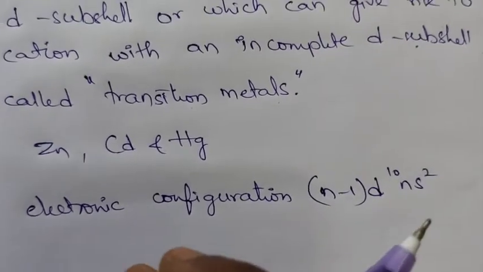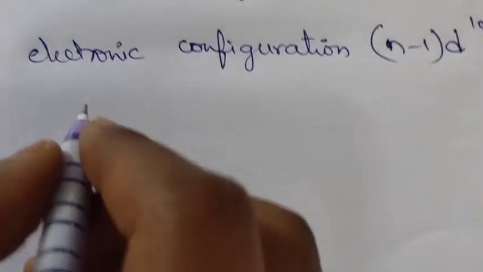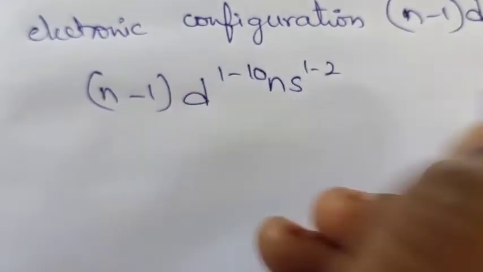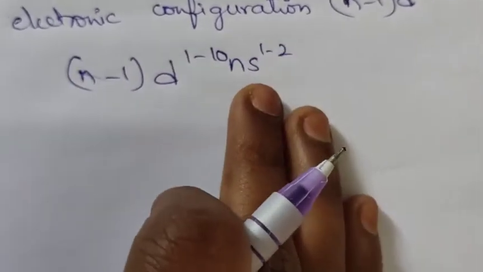The general electronic configuration of these D block elements is (n-1)d 1 to 10 ns 1 to 2, and this is applicable only for the first and second series.